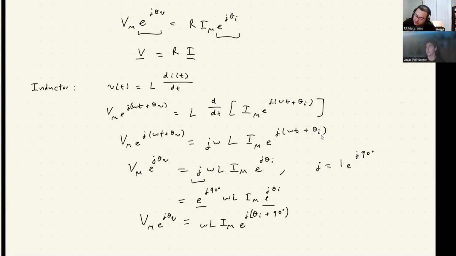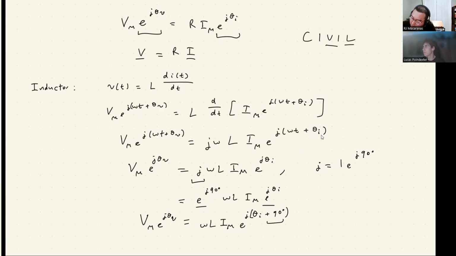So here you can see that the phase is clearly leading by 90 degrees, and in this case, the voltage. One way I like to think about this is CIVIL. When we're looking at an inductor, V is actually leading I by 90 degrees.